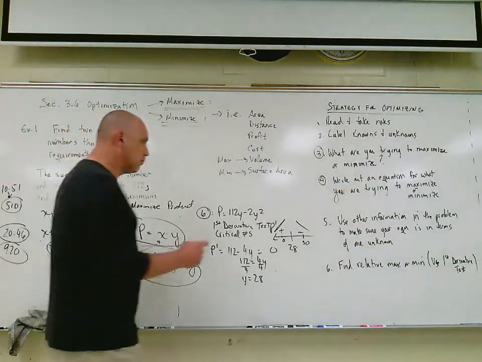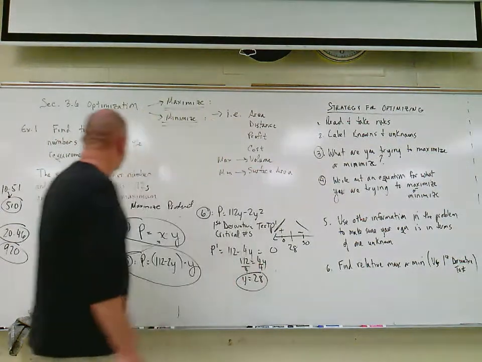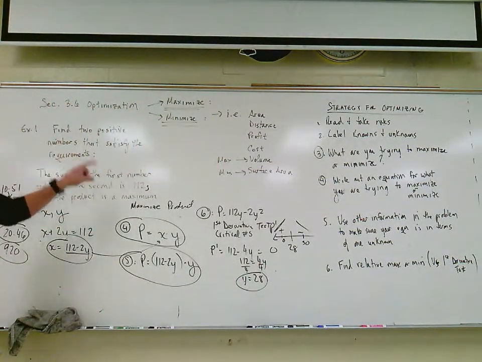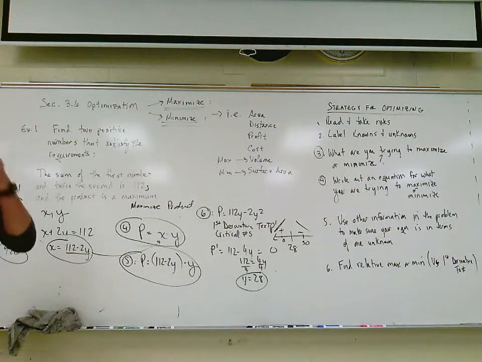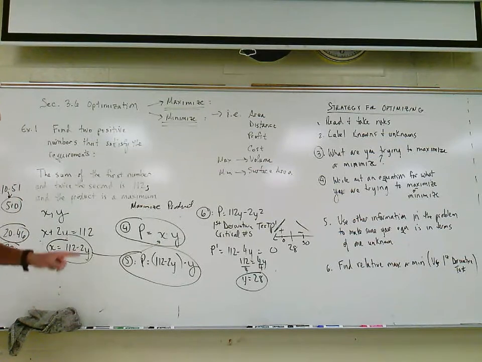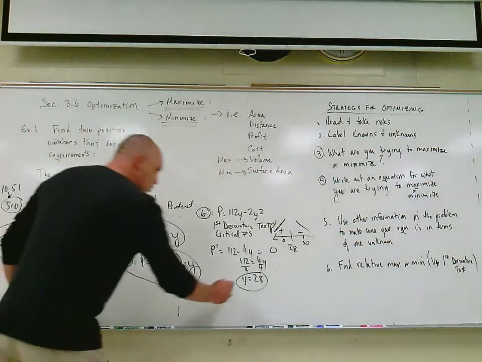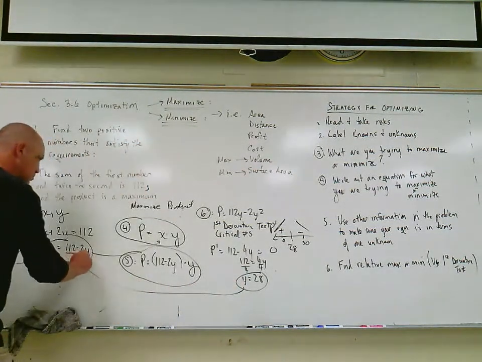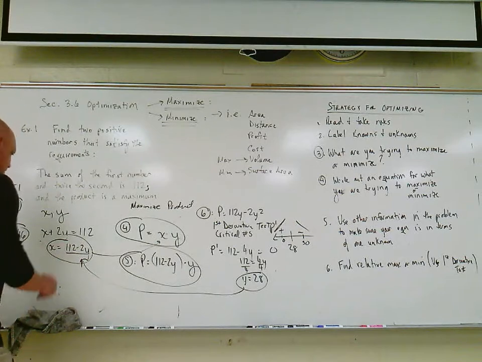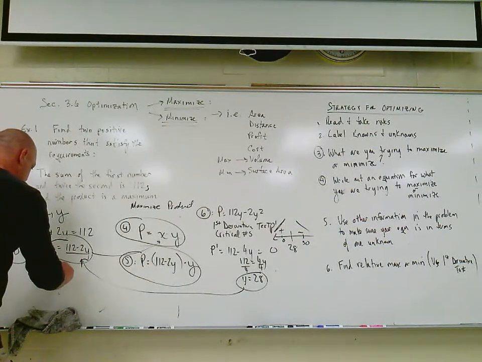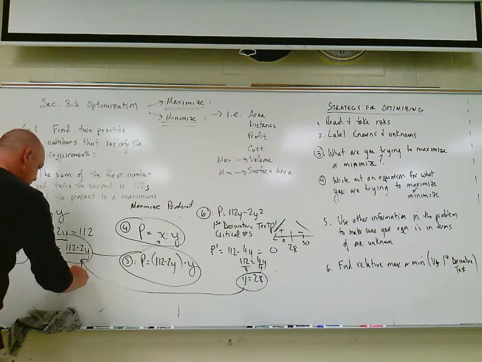All right, but what did the question ask for? Find two positive numbers. Well, how do I get the other number? Plug y back in. Over here, x is 112 minus 2y. Now I got to go back and sub in to get my x. So x is 112 minus 2 times 28.